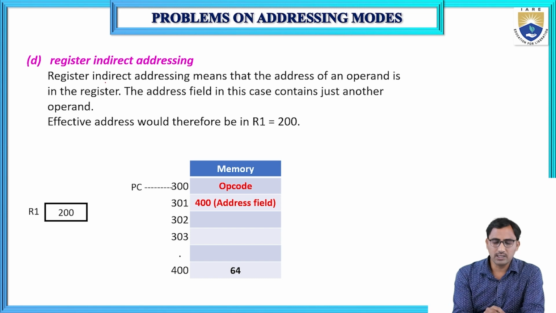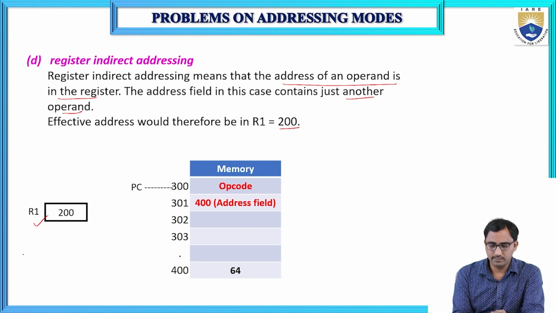Next one, register indirect addressing mode. In register indirect addressing mode, the address of the operand is in the register. The address field in this case contains just another operand. R1 contains 200, so the effective address would be 200.